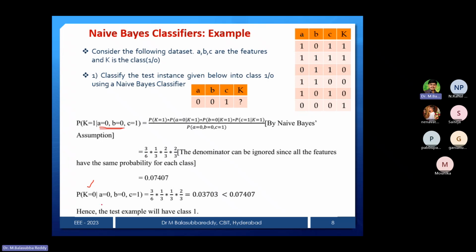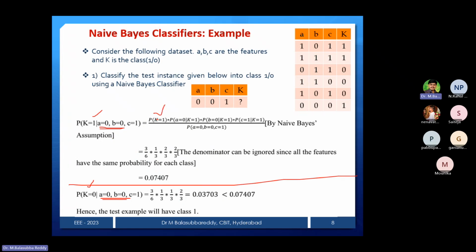For K is equal to 1, A is 0, B is 0, C is 1. Similarly, for K is equal to 0, A is 0, B is 0, C is 0. We are finding the probability with these conditions.